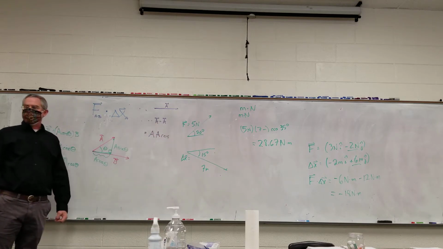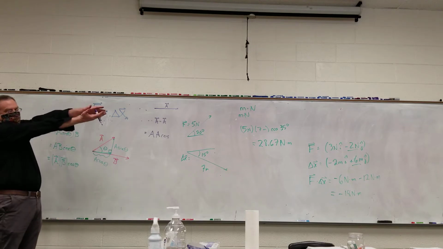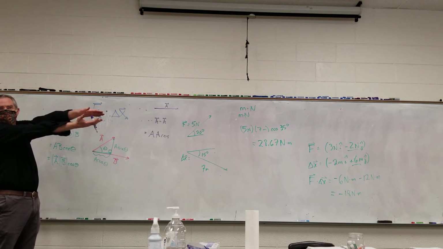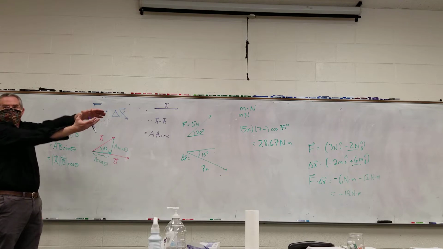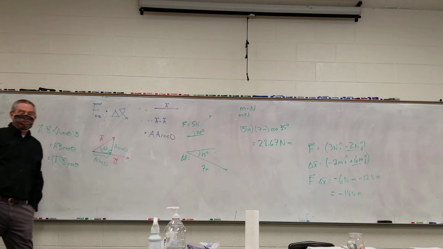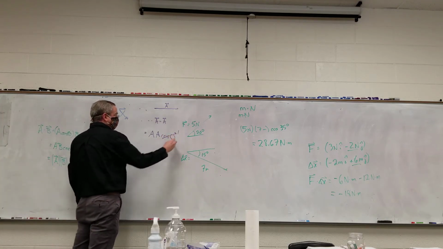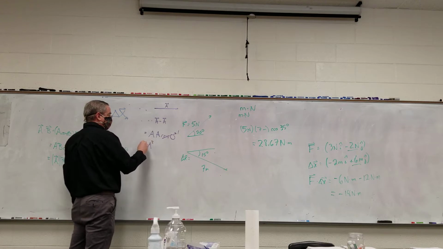Well, what is the angle between a vector and itself? 0. Times the cosine of 0. Degrees or radians both work. That's 1. So what you're left with is A squared.